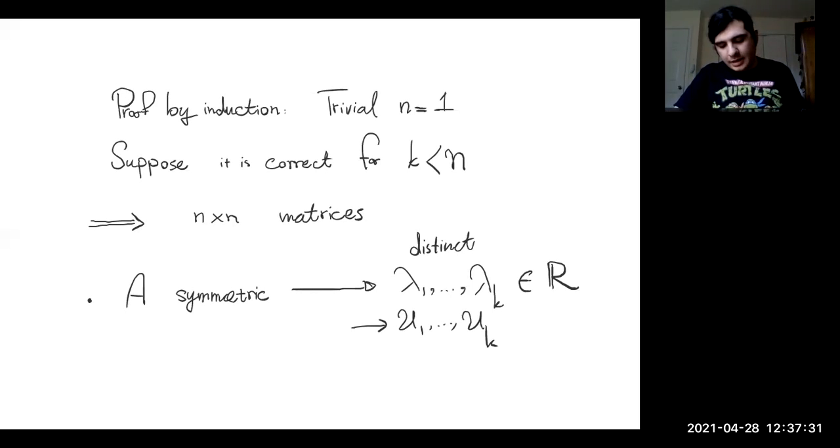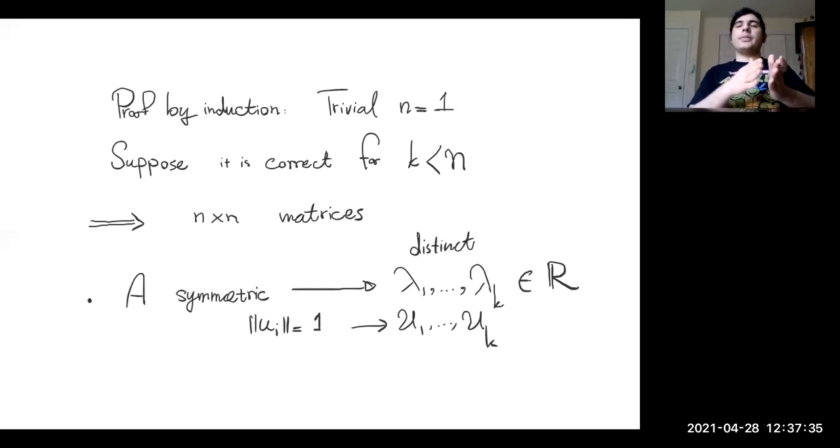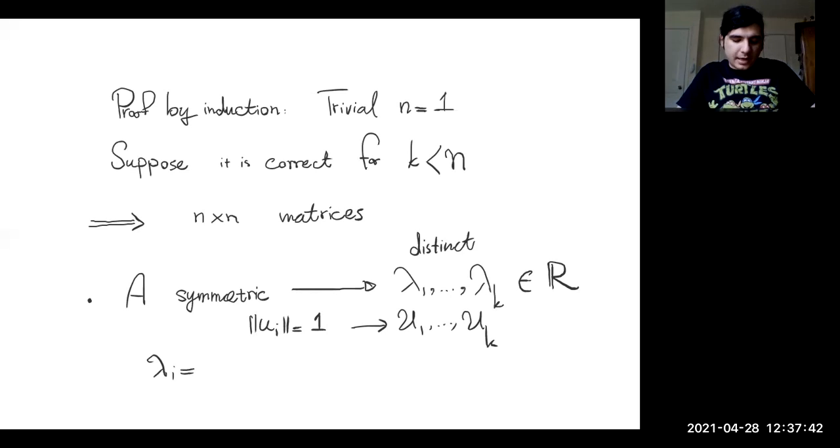So I can assume the length of each UI is equal to 1. Also, because of the lemma we proved earlier, when lambda I is not equal to lambda J, UI is normal to UJ.